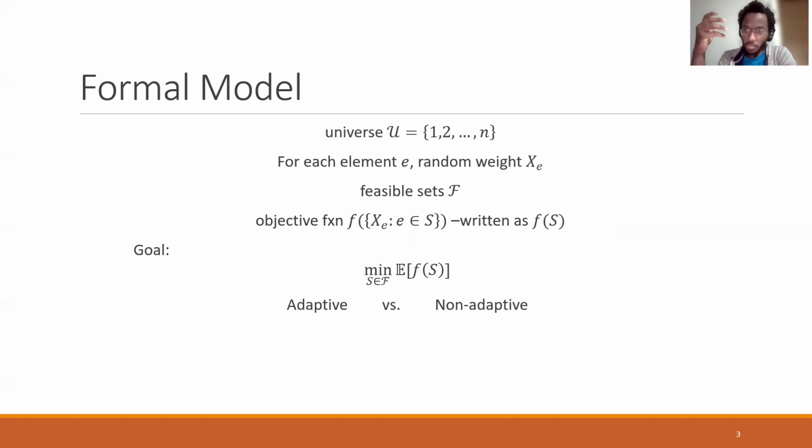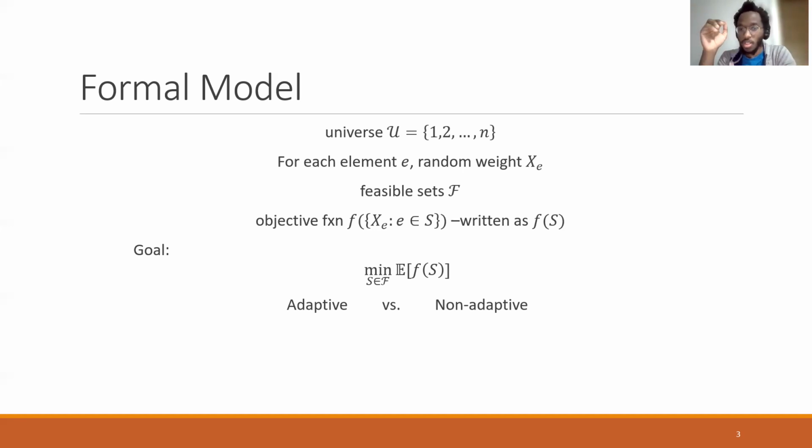And we're going to be building sets in these problems. So we also have a collection of the feasible sets, which we write as script F. And we have an objective function f, which takes as input all of the weights of our selection set.